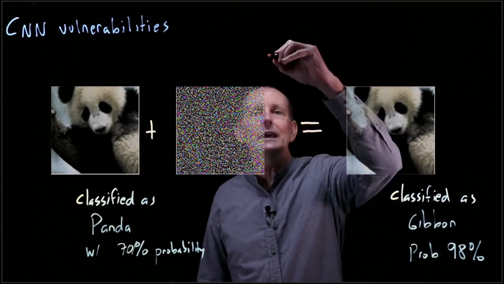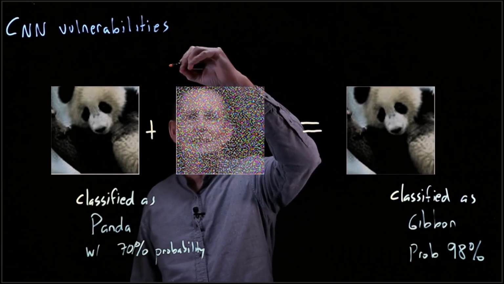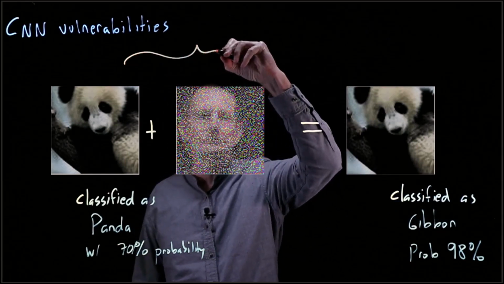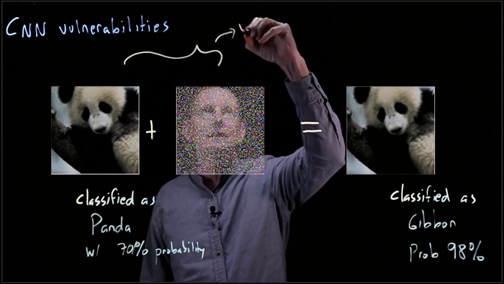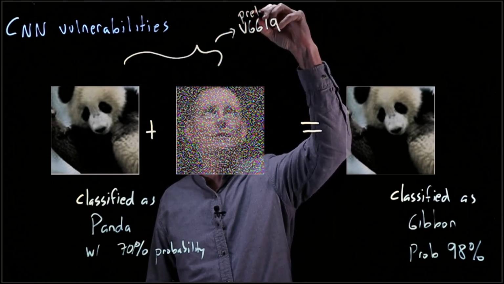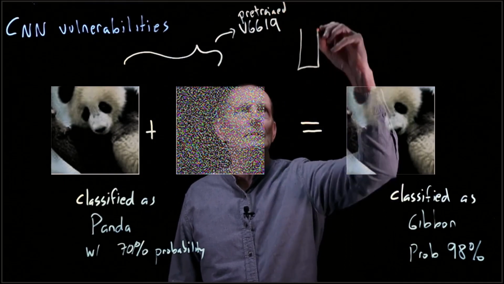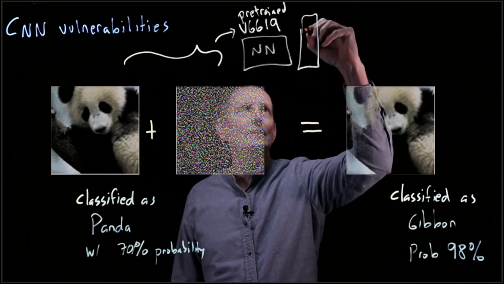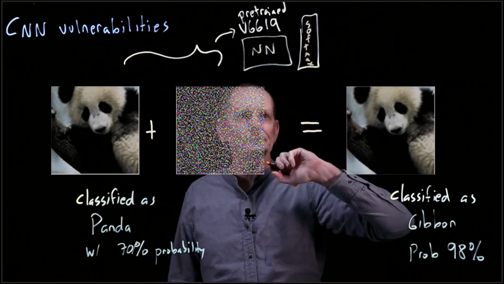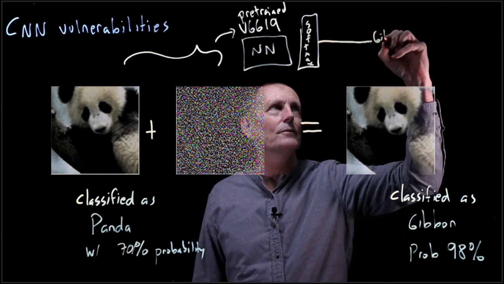We take this input and feed it into whatever pre-trained neural network, so let's say a VGG19. The last layer of this is a softmax. And what we do is we look at the gibbon output.